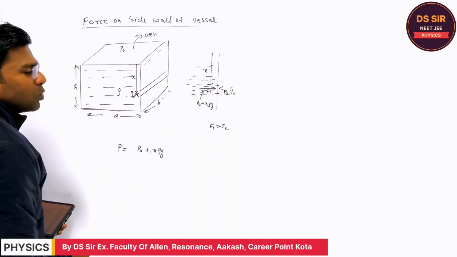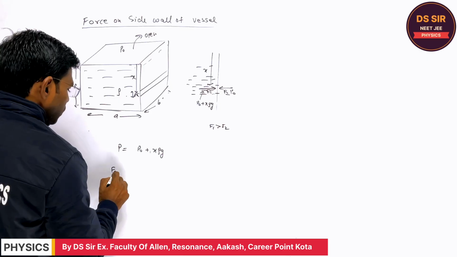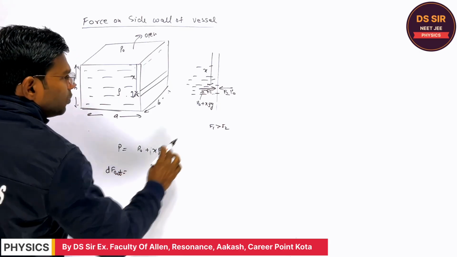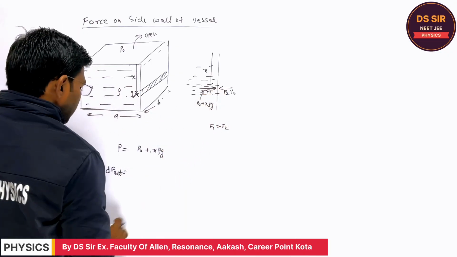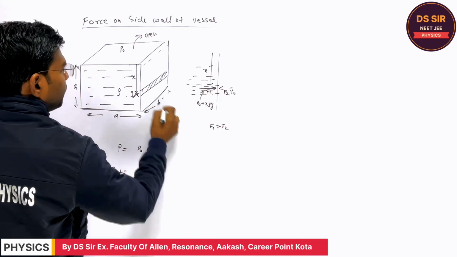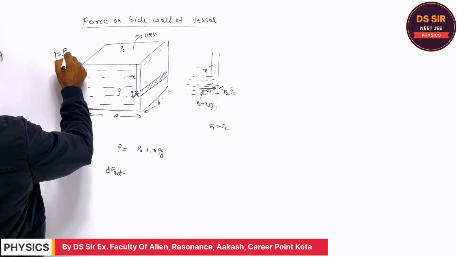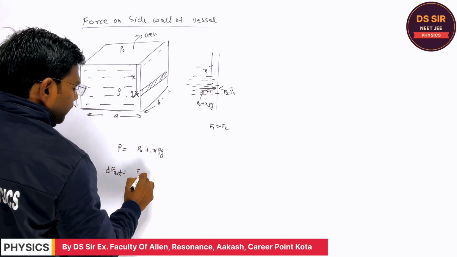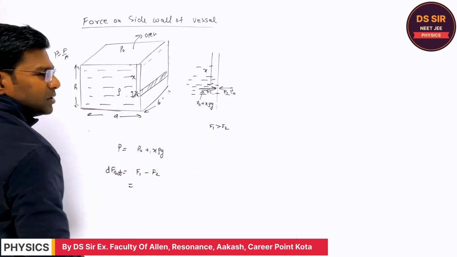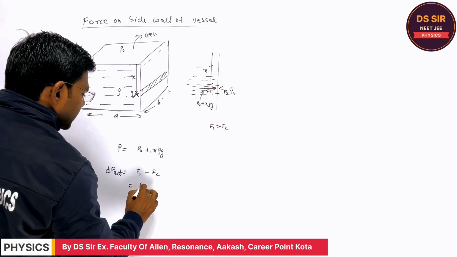So what is the net force? Net elemental force on this strip. The pressure is equal to force upon area. So force is F1 minus F2. What is F1?